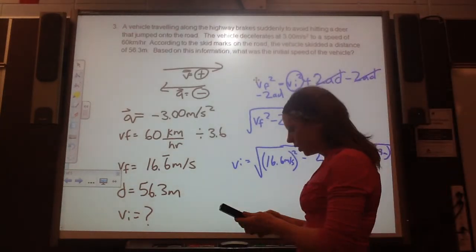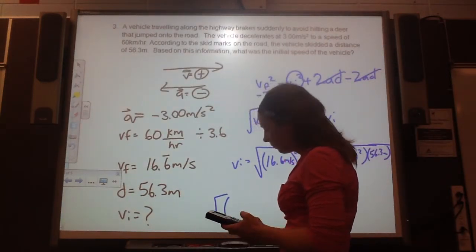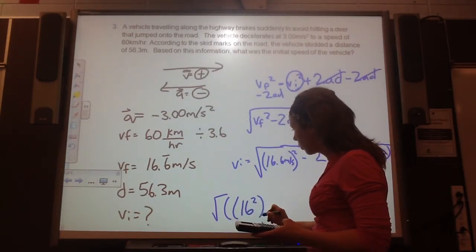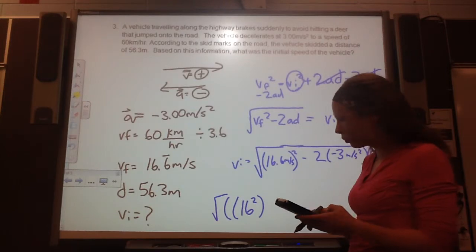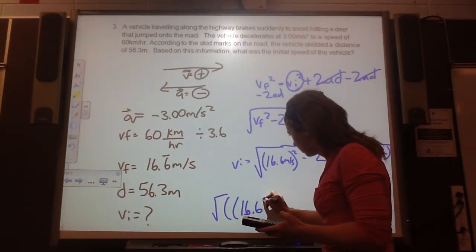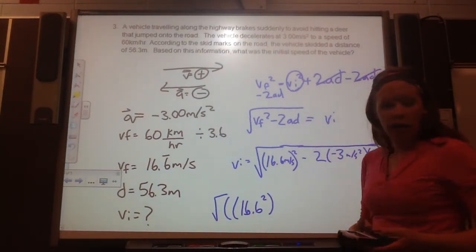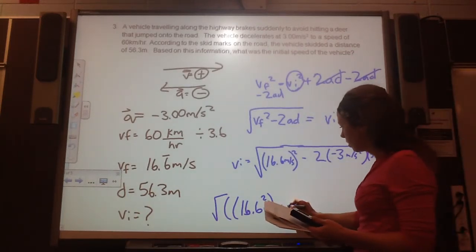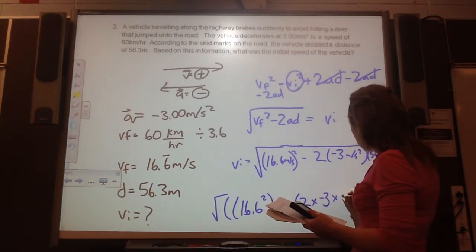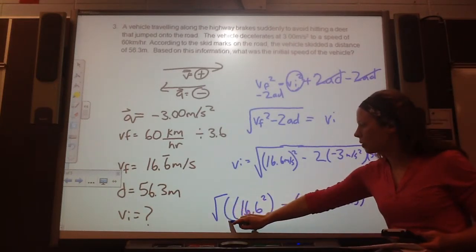So you put in the square root, bracket, then another bracket and 16.6 squared, close bracket, and then minus, bracket, 2 times negative 3 times 56.3, close bracket, and then I need to close my first bracket.